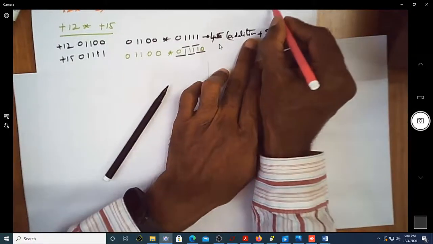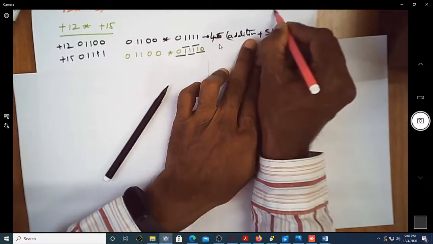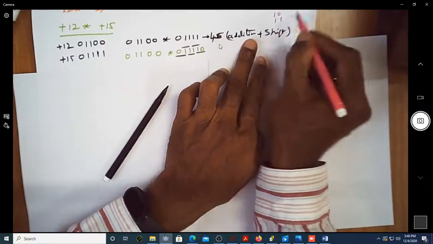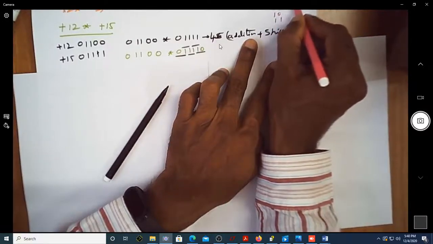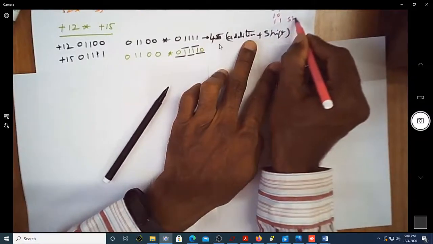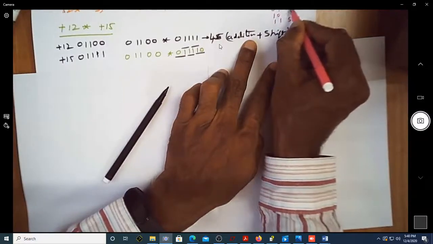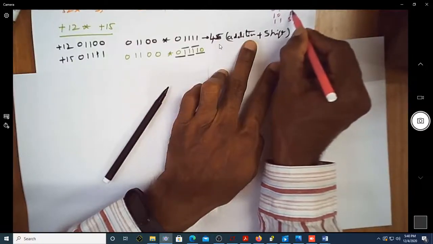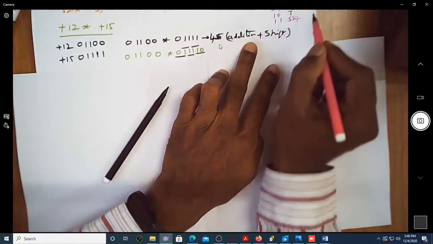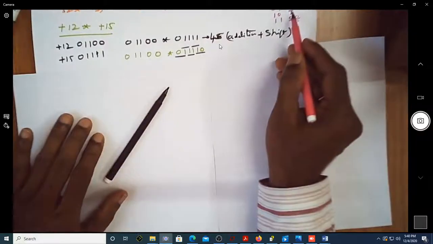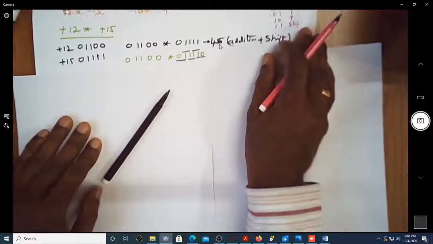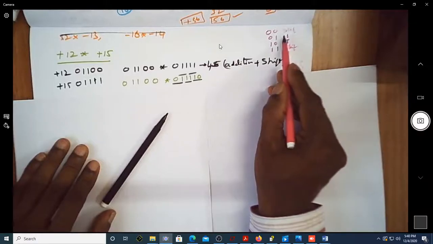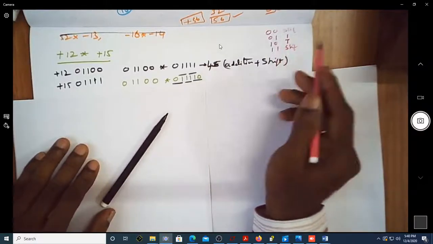For Booth's algorithm, if the pair is 00 or 11, you are simply doing the shift operation. For 01, it will be the multiplicand: you add the multiplicand and shift. For 10, you add the negative of the multiplicand and shift. So 1 bar indicates that you will be adding the negative of the multiplicand, and 1 means you are adding the multiplicand plus shift.